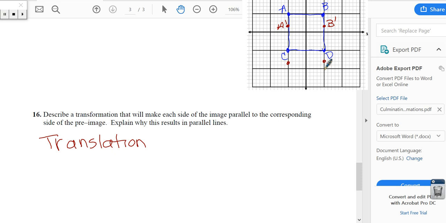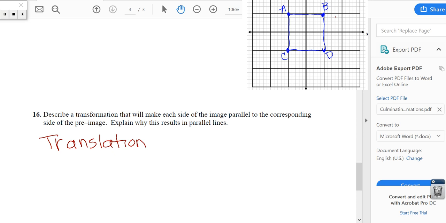If I slide this down and this becomes C prime and D prime, then the lines that I slid would be parallel. It says describe transformations that would make each side of the image parallel to the corresponding side. Okay, so not only do I have to send it down, I actually have to shift it over too, because I want this to be parallel to its corresponding side.